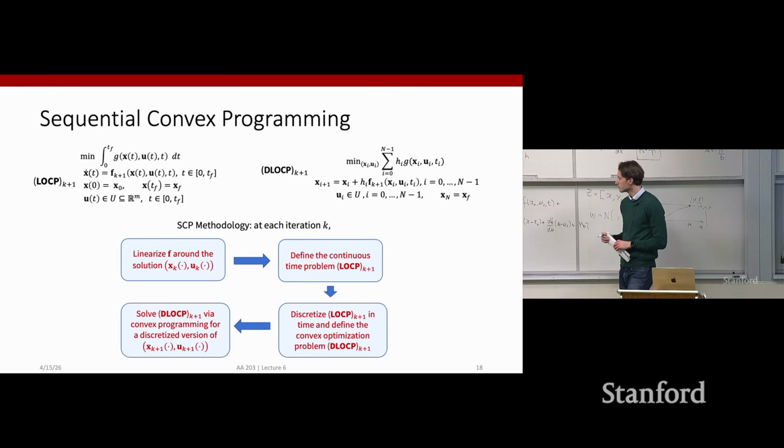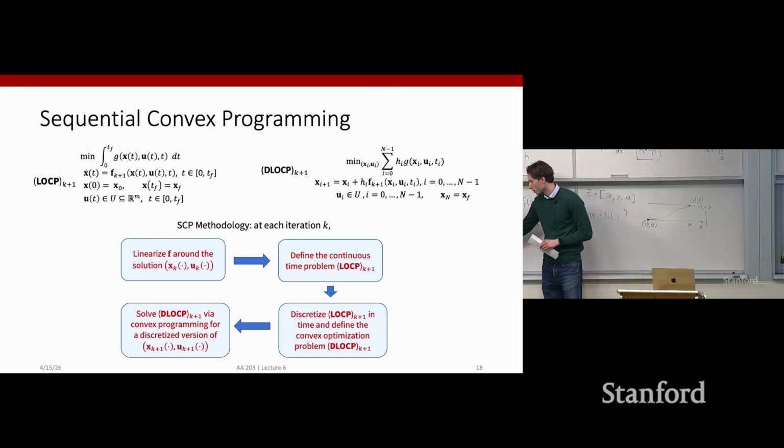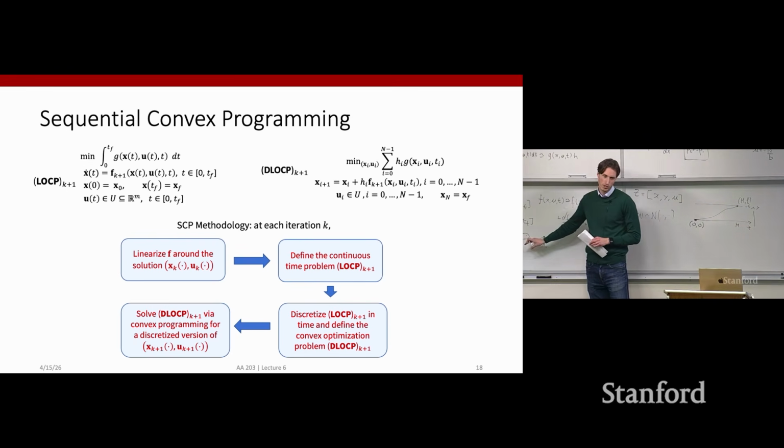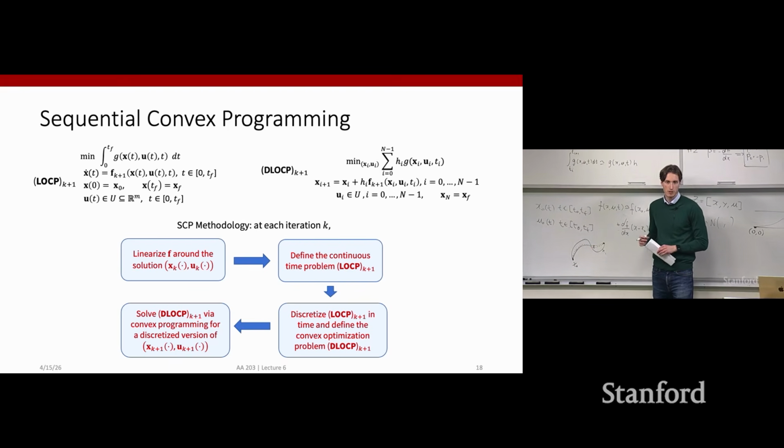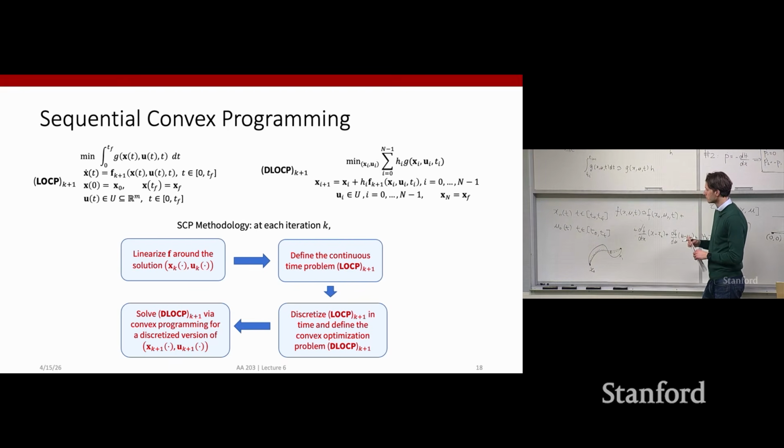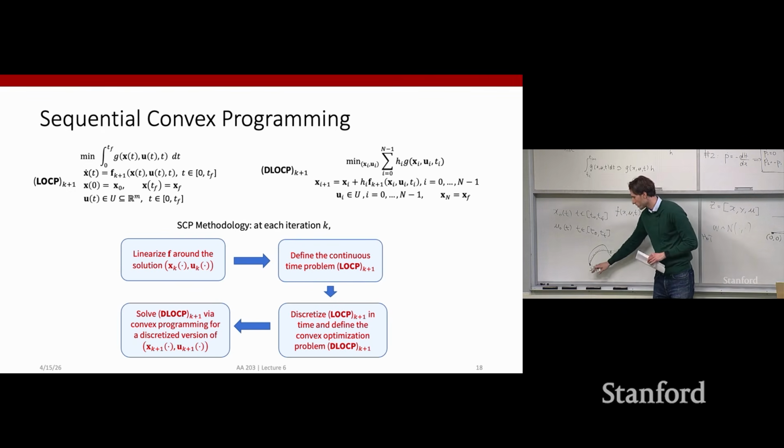Yes, so this is only in state space. We would be doing this also for the controls. I'm not sure what you mean by function exactly, but what I'm saying here is I was representing the iterative scheme in state space here.